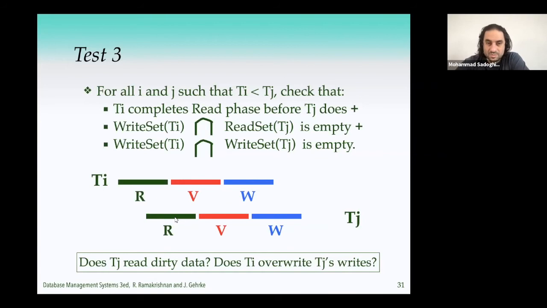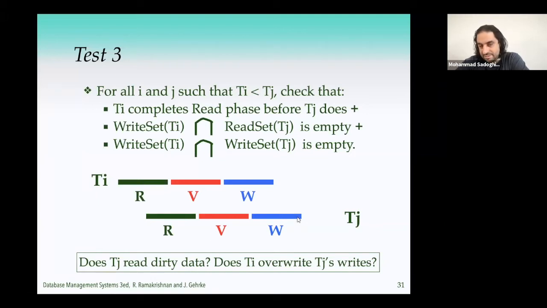Okay, so that seems pretty coarse and makes sense. It basically says if these two are not conflicting, then it should be okay. And the other thing that is also added is that the write set also must be non-conflicting. So the only thing that could potentially conflict is the read set of TI and the write set of TJ.